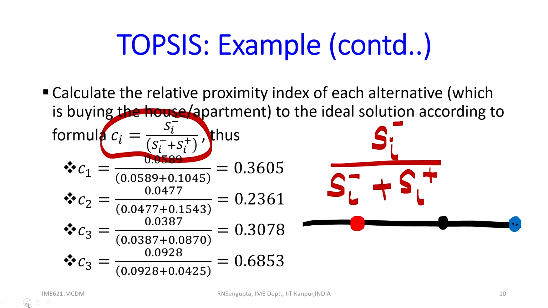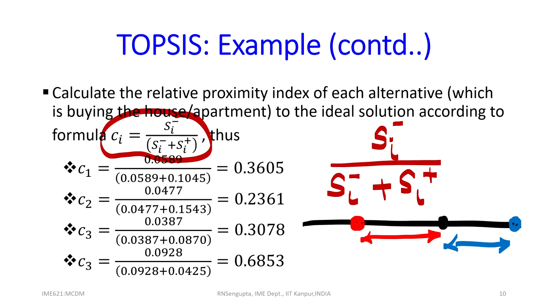So, I will find the ratio of the red line distance divided, in the denominator, by the sum of the negative and the positive.